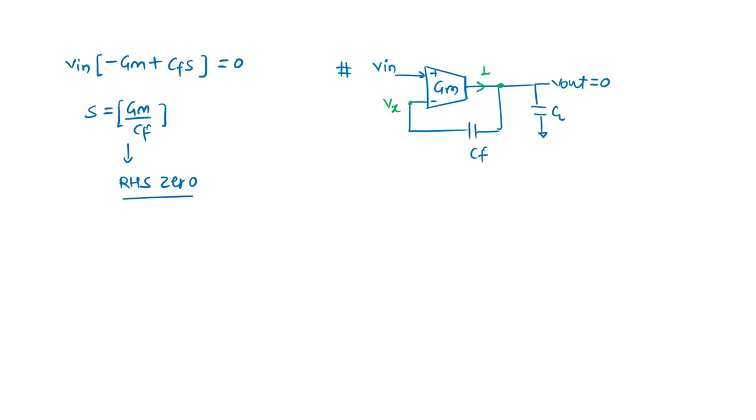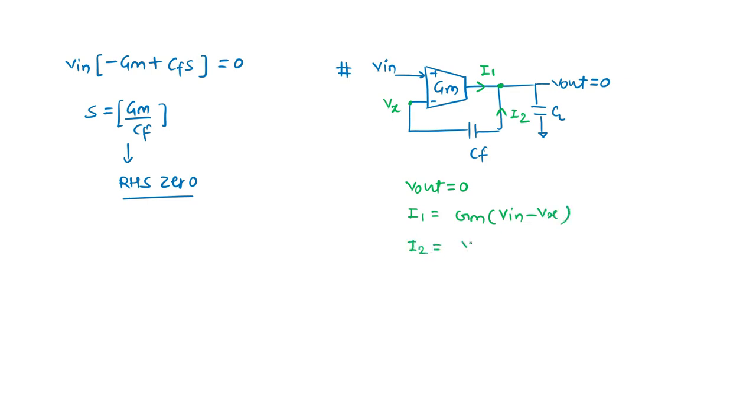So what is this current? I1, and what is this current? I2, and at what value they will be 0, we'll see. And we considered V out is 0 and Vx is some voltage. So what is this I1? I1 is Gm times (V in minus Vx). What is I2?